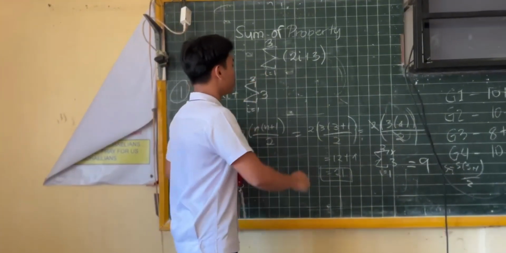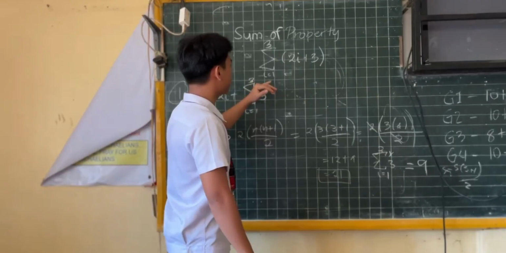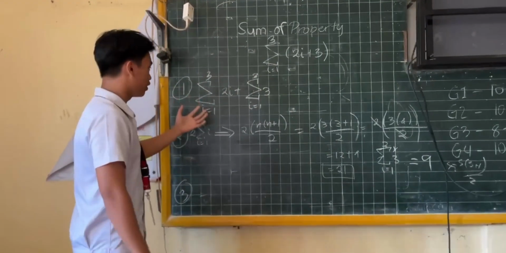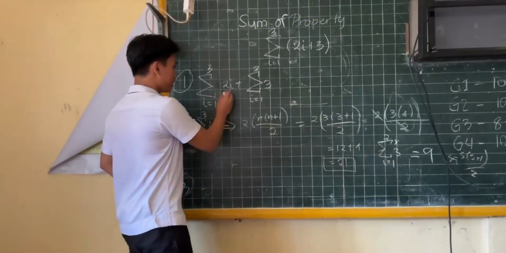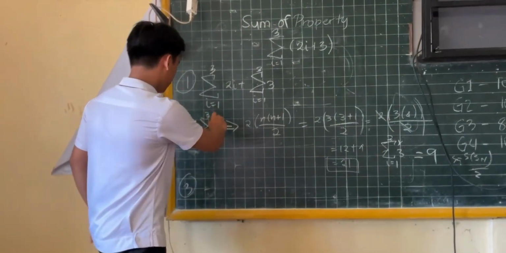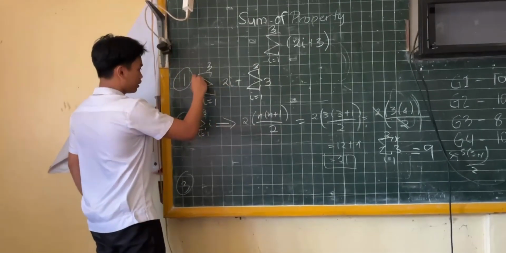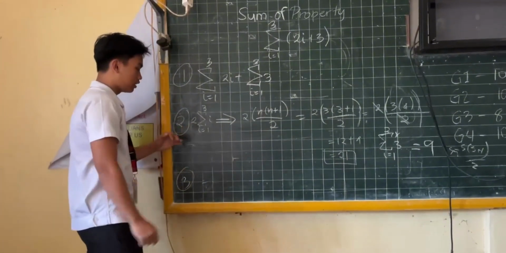So, the summation of the quantity 2i plus 3, where i is equal to 1 to 2. First we need to separate it. So here is the result. As we can see, there is a constant 2, so we need to move it to this side.